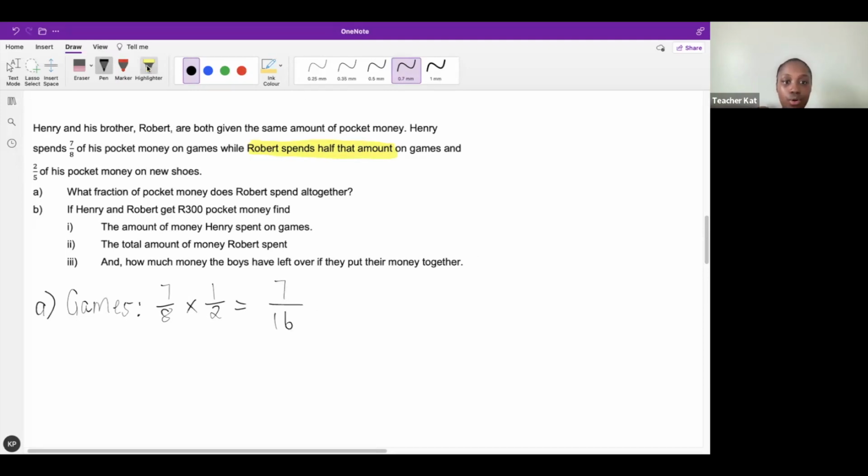But we also know that Robert spends 2/5 on new shoes. So not only does he spend 7/16, he also spends 2/5. So what would be our lowest common denominator for 16 and 5?